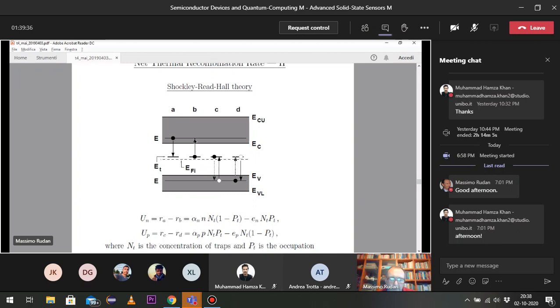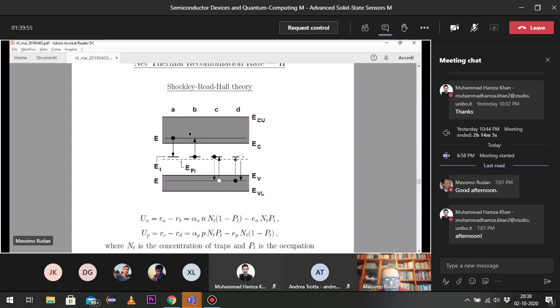So in principle, at least for the moment, instead of considering only two populations, electrons of the conduction band and holes of the valence band, for the moment, we will consider four populations.